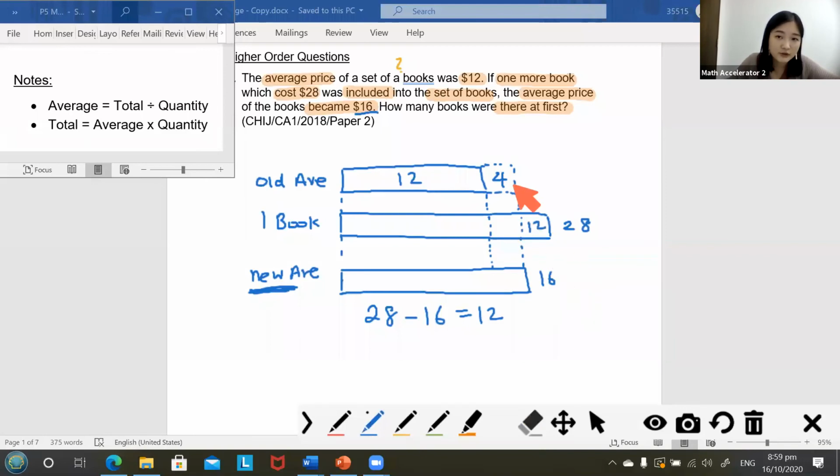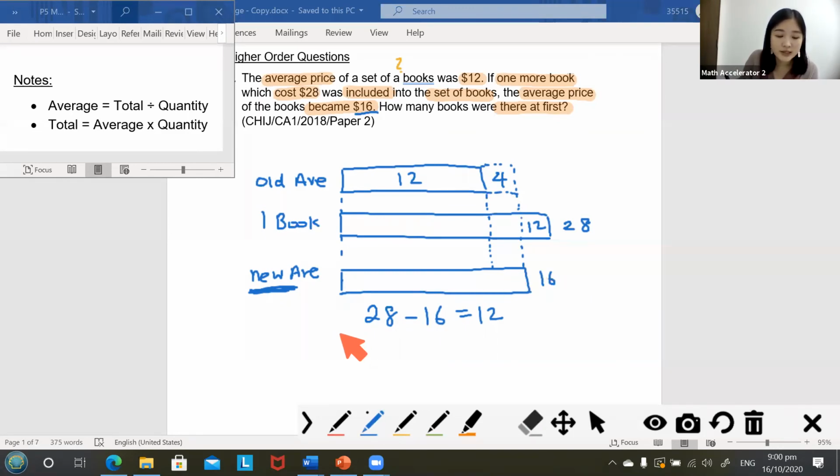Yes, 16 minus 12, that's how we get the 4 here. Okay, and the 12 here is 28 minus 16. You're finding out how much this new book has to distribute to the number of books in the old average, such that the average will become 16.